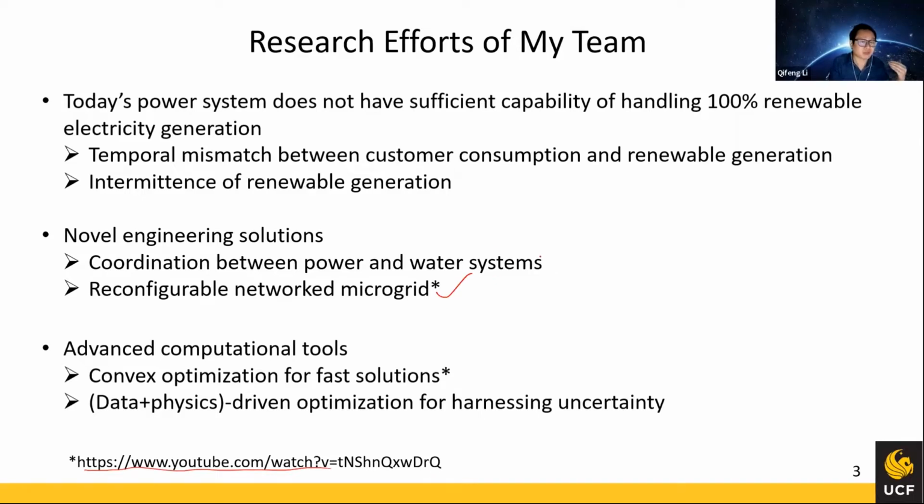Today I'm going to focus a little bit on the other engineering solution, which is the coordination between power and water systems. The second class of my research effort is to propose advanced computational or mathematical tools.